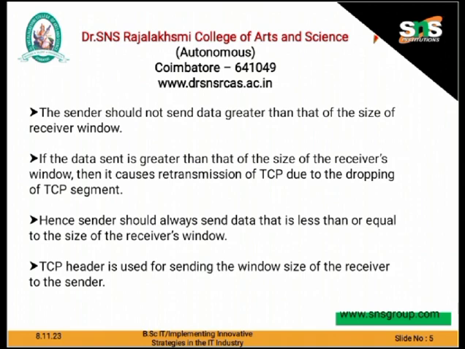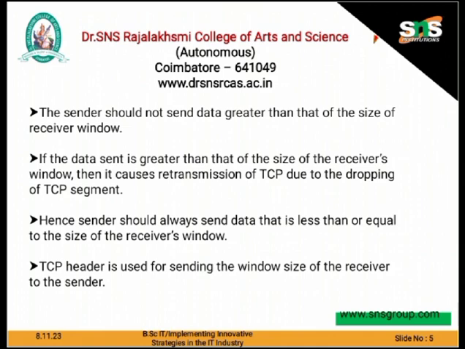Once the sender is retransmitting the packet, it takes multiple times of sending the same data inside the network. So the network is also busy, and the time taken to transmit a packet also increases. The TCP header is used for sending the window size of the receiver to the sender.